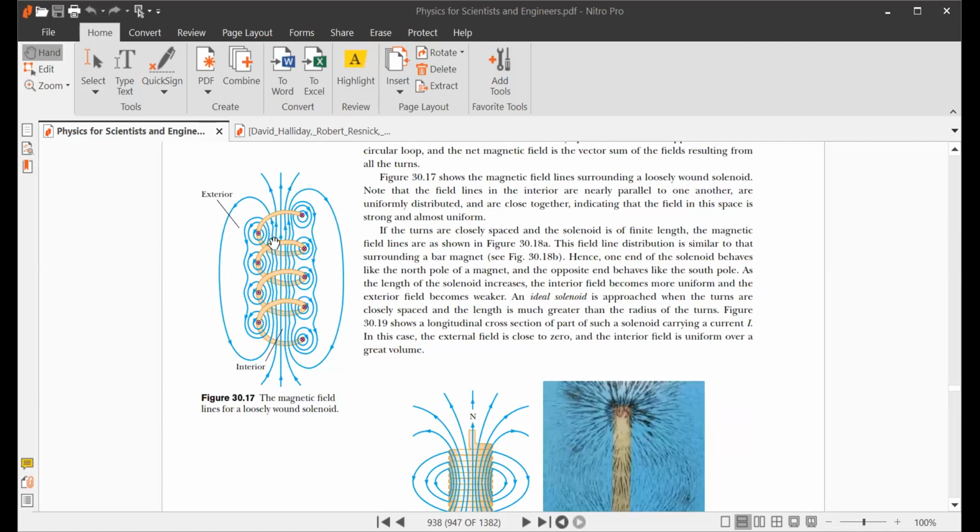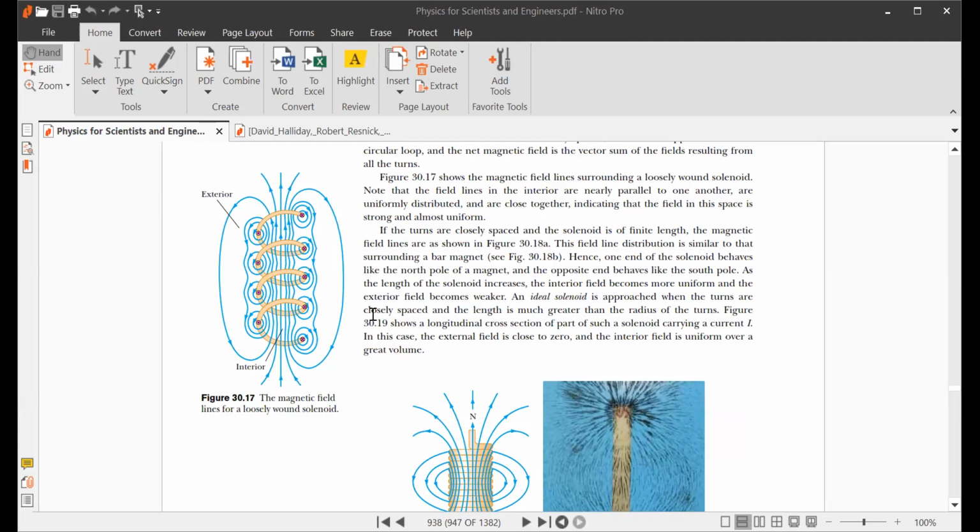Because of the gap, there will be a leak of the magnetic field, a local magnetic field, in reality.